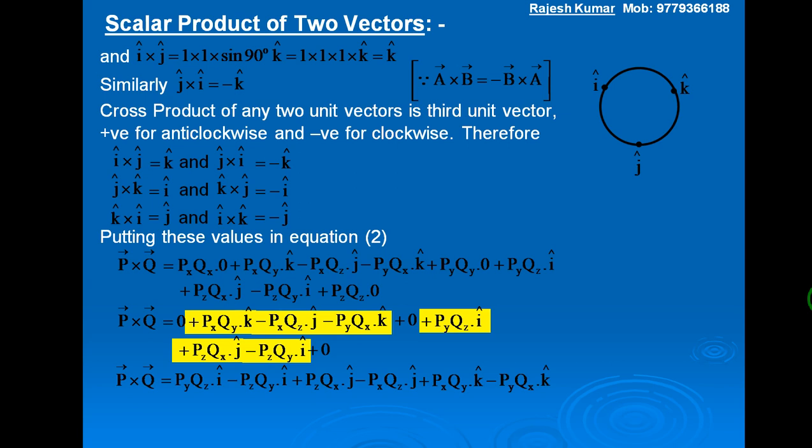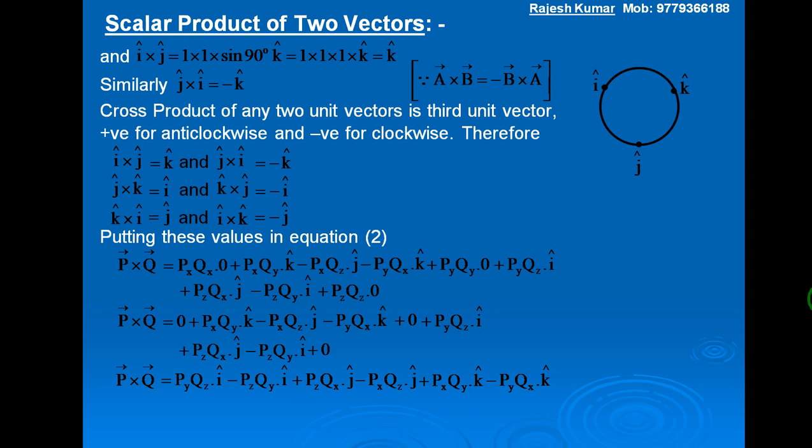Now from the first two terms take i cap common, so p vector cross q vector becomes equal to py qz minus pz qy into i cap. From the next two terms take j cap common, plus pz qx minus px qz into j cap plus px qy minus py qx into k cap. Let it be equation number 3. So this is the cross product of vector P and vector Q.